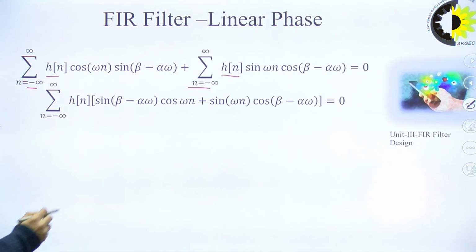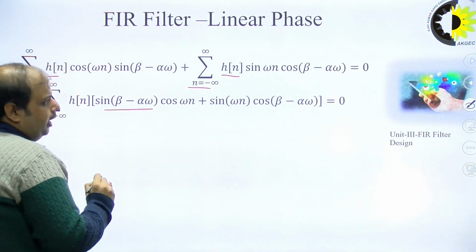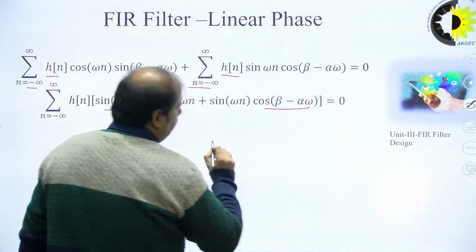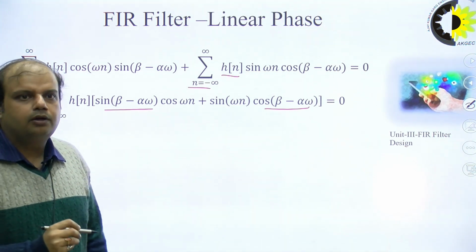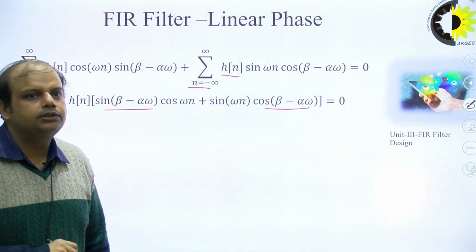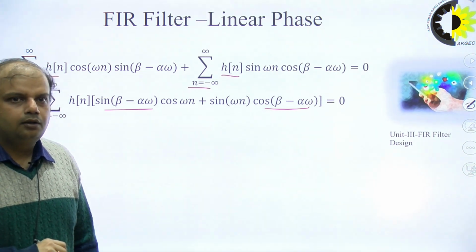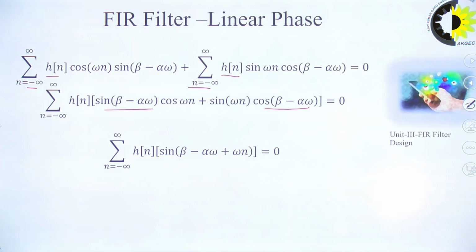It becomes h n sine of beta minus alpha omega into cos omega n, plus cos of beta minus alpha omega into sine omega n. A very simple trigonometric identity can be used, sin A cos B plus cos A sin B, and we can combine the two angles.